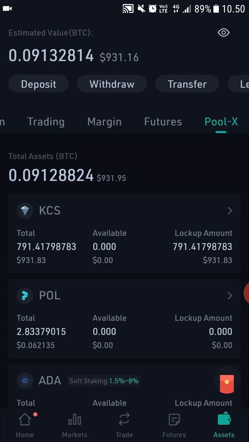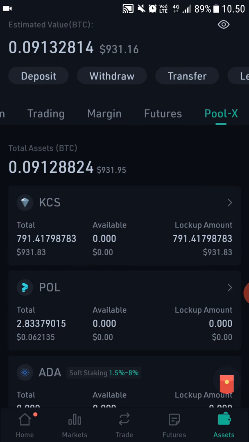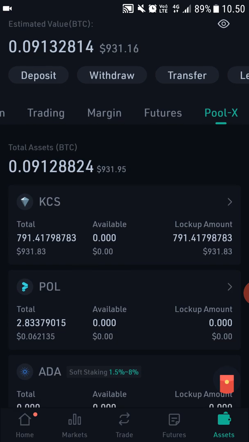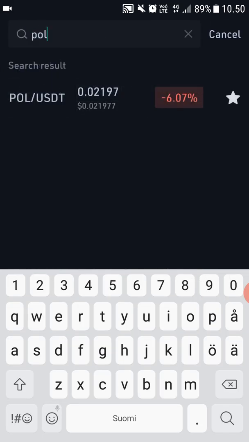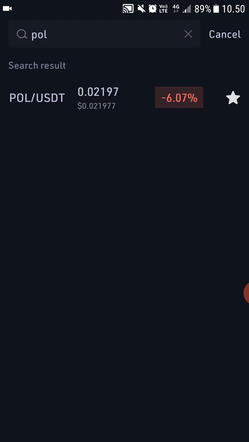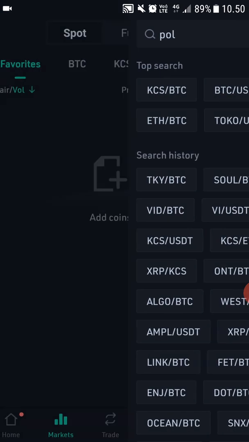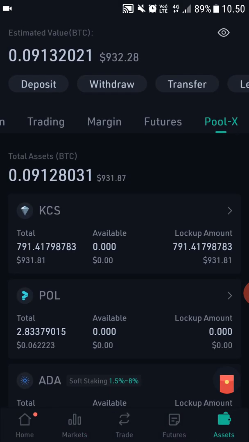It's Pool, like a liquidity coin that has real value, and you can see Pulse/USDT there. You can actually sell it or do whatever you want with it. It's money.